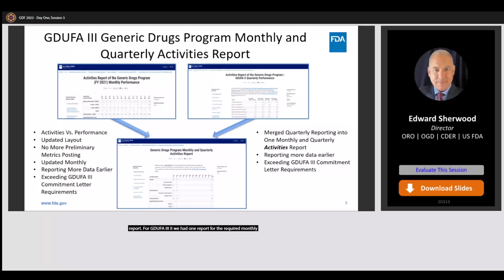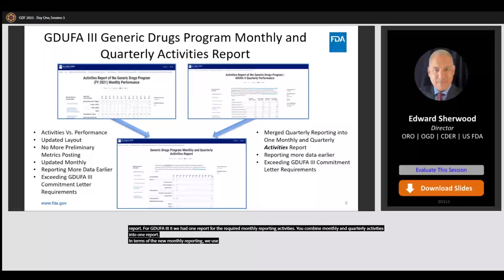However, with GDUFA III, we combined the monthly and quarterly activities into one report. In terms of the new monthly reporting, we use the term activities as opposed to performance. The monthly report is counting the actions, not the goals, which are captured in the annual performance report. The layout is different, which I will describe in more detail on the next slide.